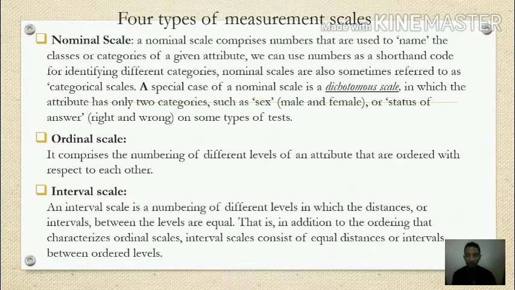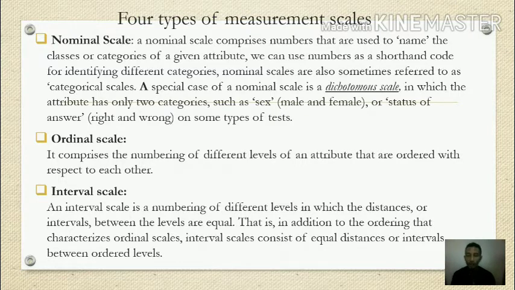Ini sebenarnya ada pada beberapa tes, dan salah satunya seperti saya contohkan tadi, seks male dan female yang sudah sering kita lihat kan, kita buat mungkin di Google Form.